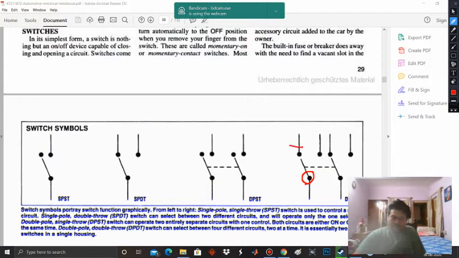Here this is one on, this is another on, and if it is in between it will be off. For this also you have on, you have off here, and you have on this particular position. This is the arrangement which you require.